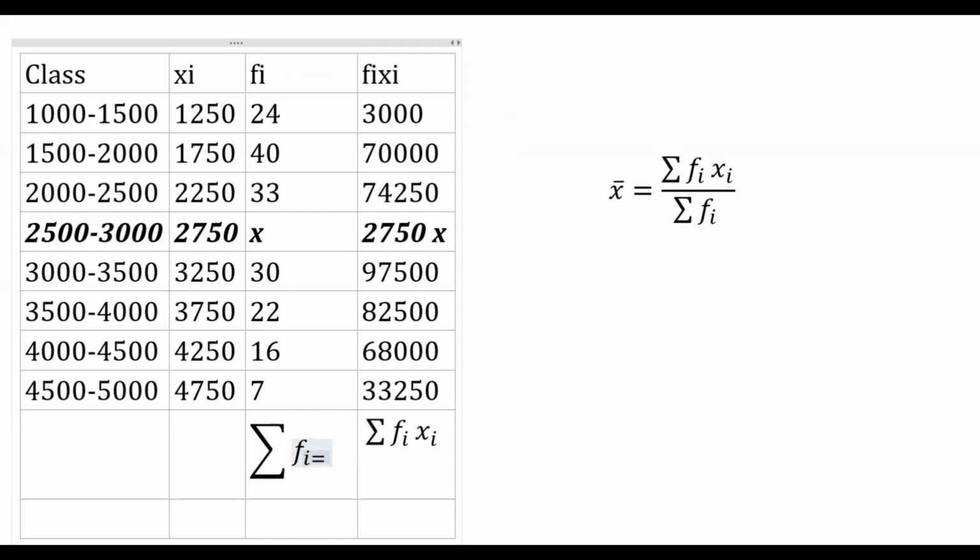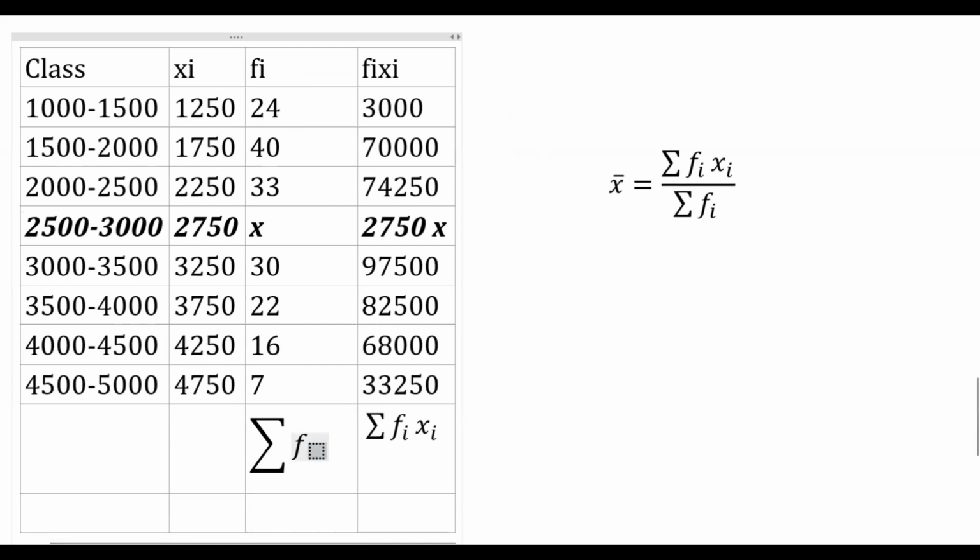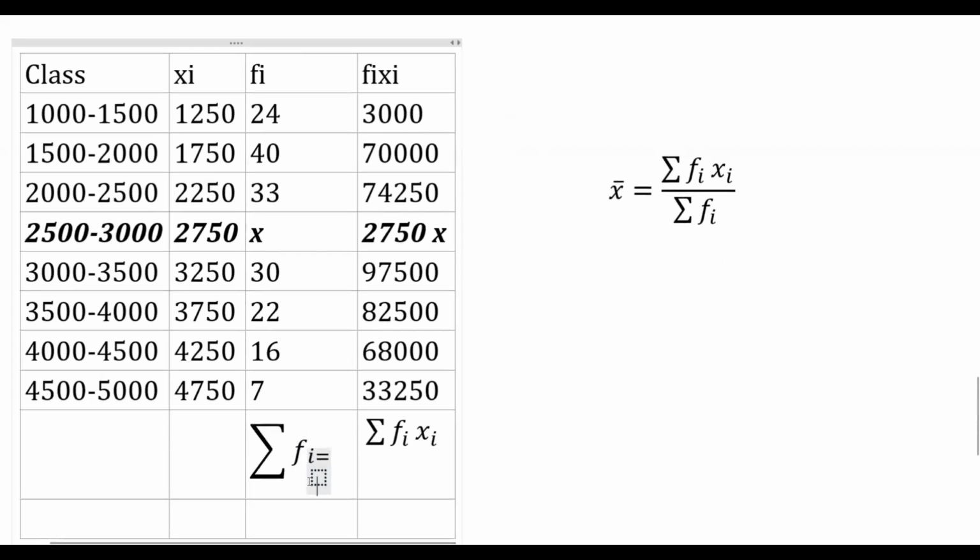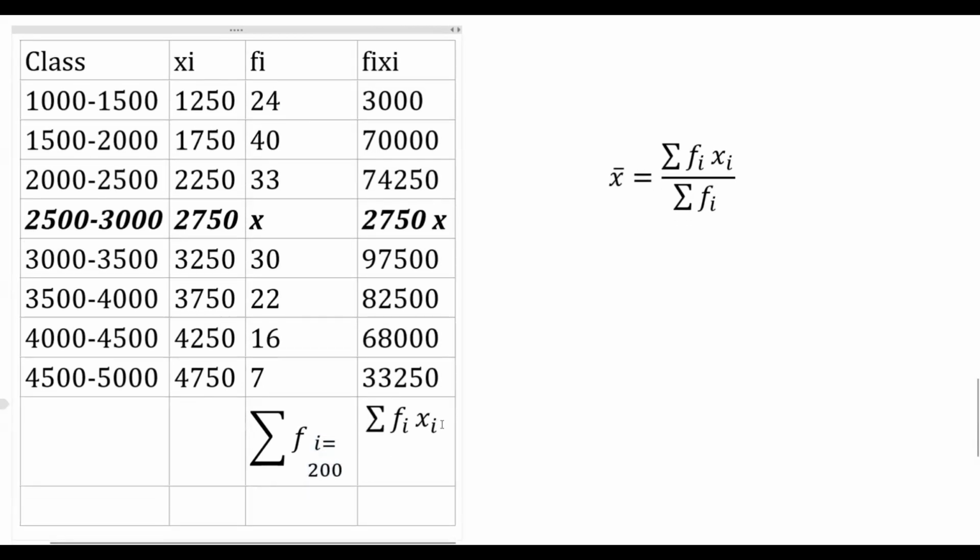Why I'm writing this is equal to 200, because this is the sum of all frequencies, and the sum of all frequencies is given as 200. Okay, let's say if I write 200 over here, this is sigma fi.